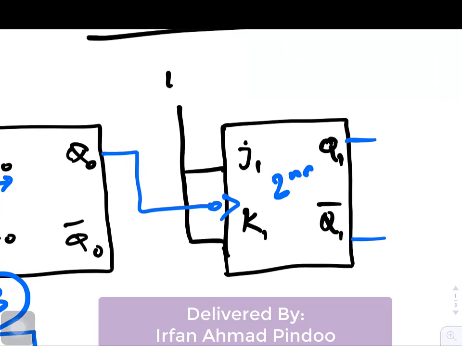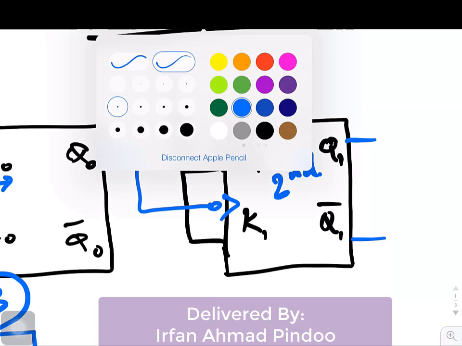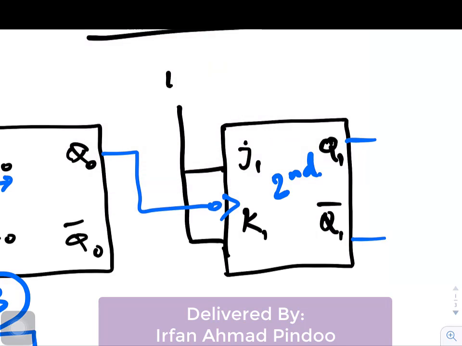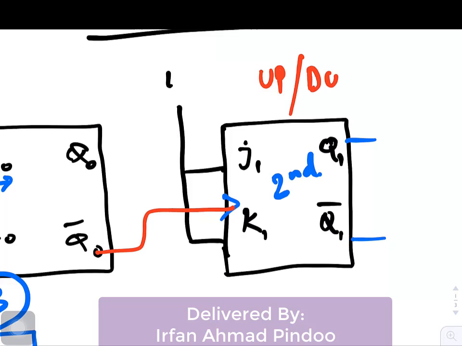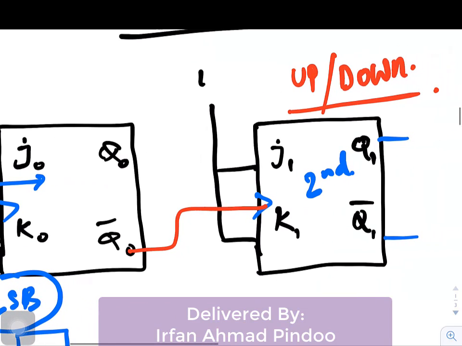Then if we look at the second stage, the clock pulse is coming from Q. The output is acting as a clock. From the previous videos you must have seen, if this clock is coming from Q, it is an up counter, whereas if this clock had been coming from Q bar, it would have acted as a down counter. Both these designs are asynchronous.